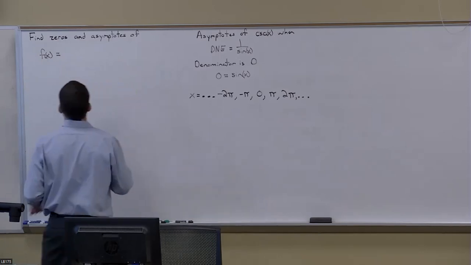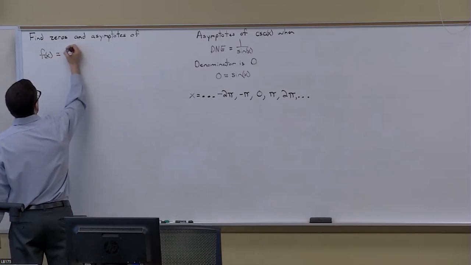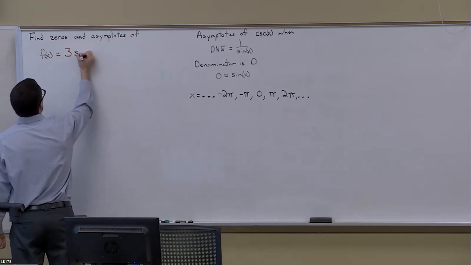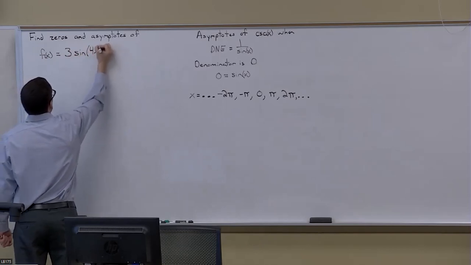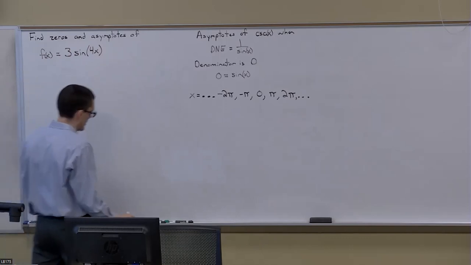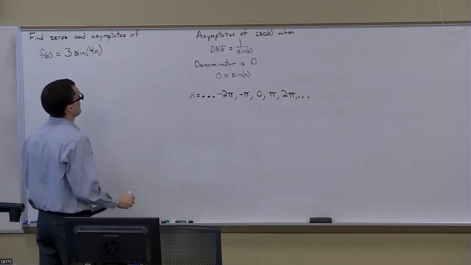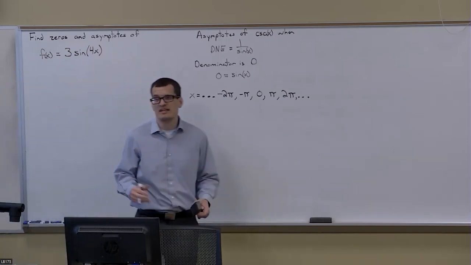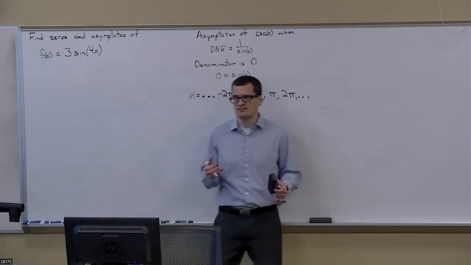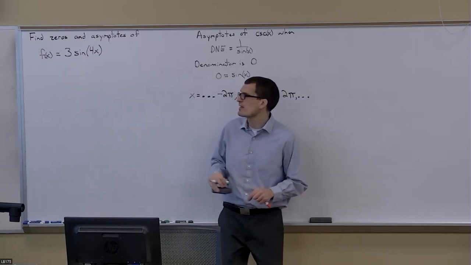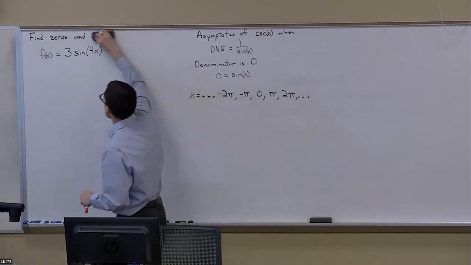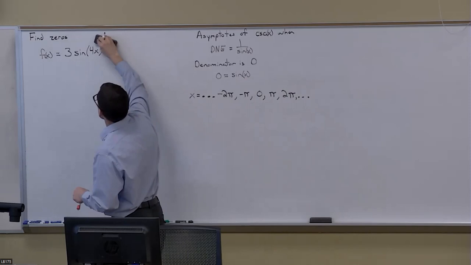So let's take a look at this. Let's say f of x is equal to 3 times the sine of 4x. We'll find the zeros and asymptotes, but in this case, there's no asymptotes, right? It's just a sine function. So might as well just find the zeros.